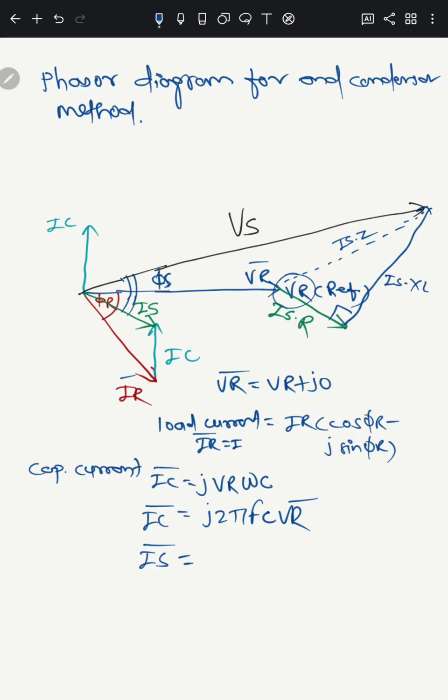Vector IS is the vector addition of vector IR plus vector IC.